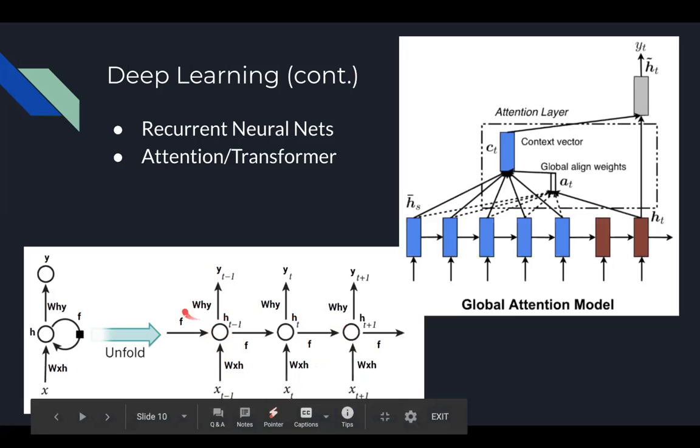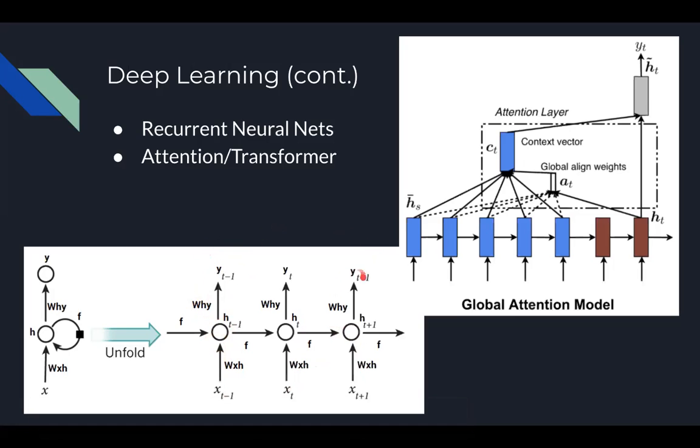Whereas with an attention model, you can basically pull out certain pieces of your data and say, this is more important, or these two pieces are related. And that's the basic idea that a transformer is built upon. And if you've heard recently about GPT-3, OpenAI's GPT-3, that Elon Musk is scared about and everything, those are built on transformer-based models.